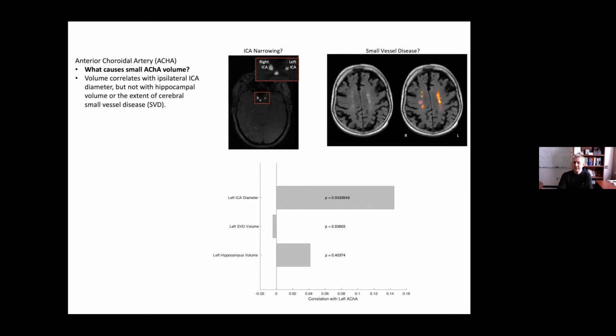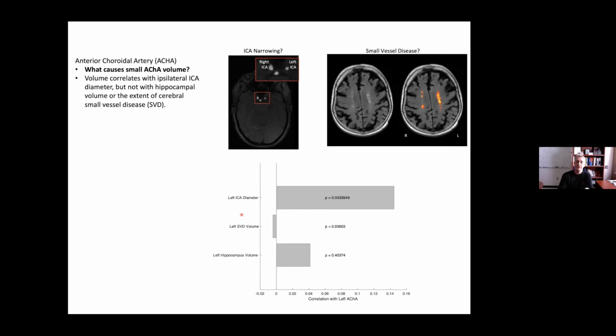So when we looked at these images, we found that the volume of the ACHA was entirely determined by the diameter of its parent left ICA. So perfusion of the hippocampus, even though it's far away, might actually depend on how clean the left ICA is.